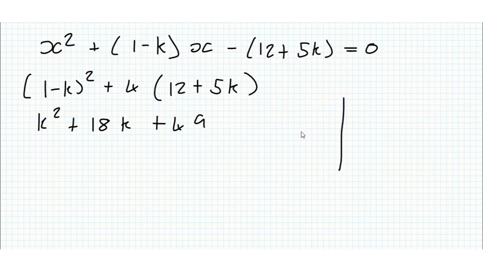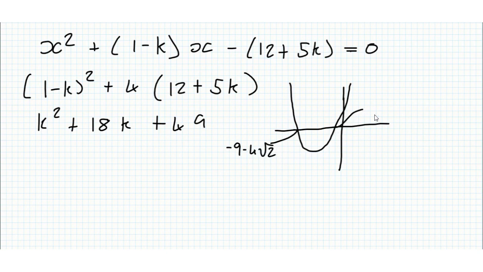When you find the solutions for this being equal to 0, and then you plot it, you get a graph that looks something like this, where this is equal to minus 9 minus 4 root 2, and this is equal to minus 9 plus 4 root 2.